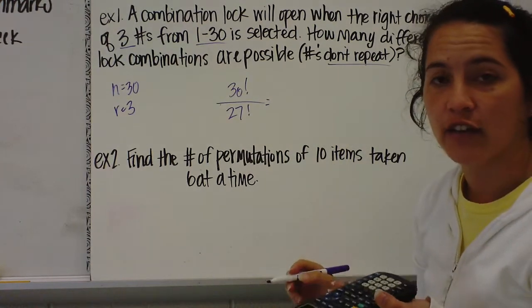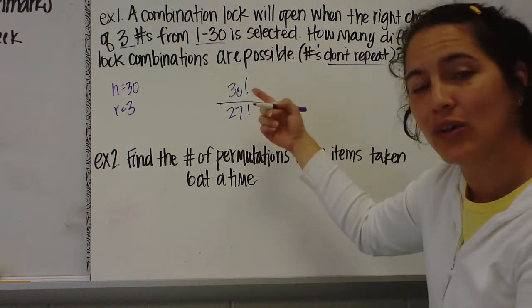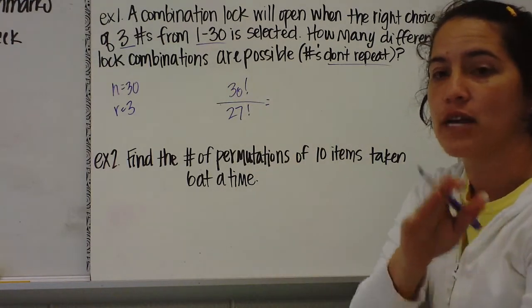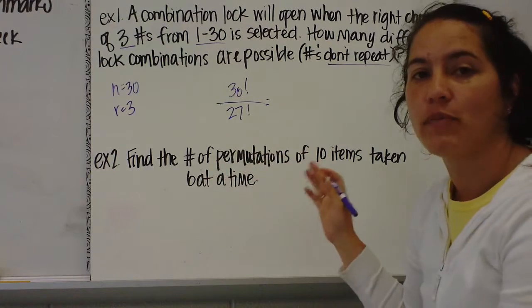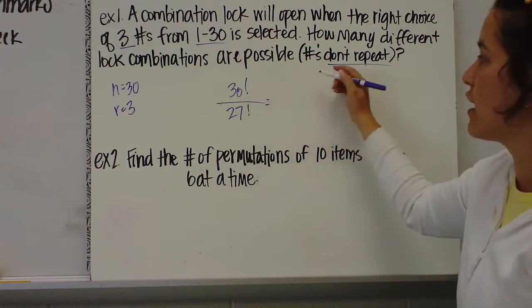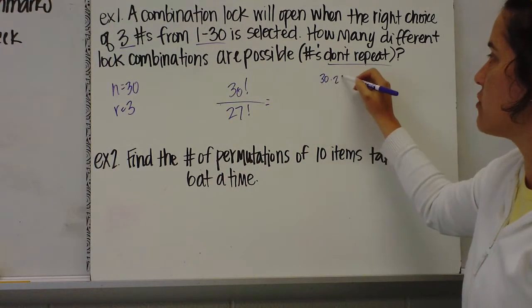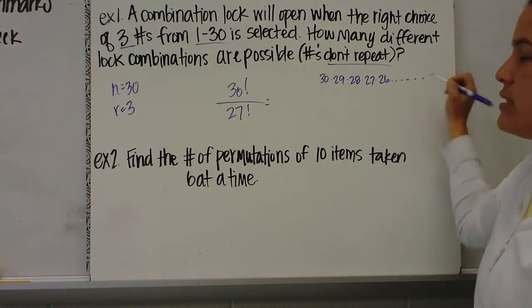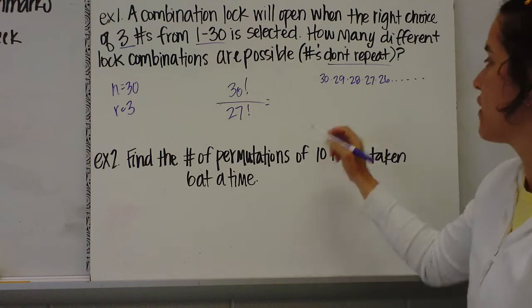Yes, you can type that in your calculator, but what factorial means, if I haven't actually explained it to you, is you're multiplying that number times every number all the way before it until you get to 1. So 30 factorial means 30 times 29 times 28 times 27 times 26 and all the way down until you get to 1.